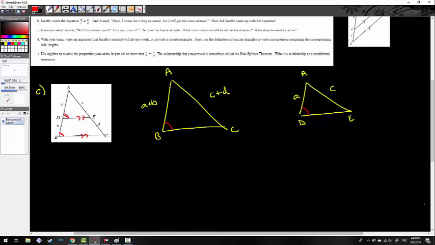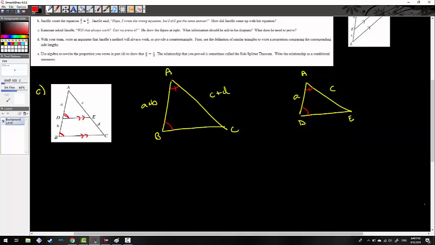So in this case, what Cameron needs to prove, and he already has because of this, is that this angle and this angle are congruent, and we already know that the angles here are also congruent because they're the same. So by angle, we have our similarity feature of these triangles here.